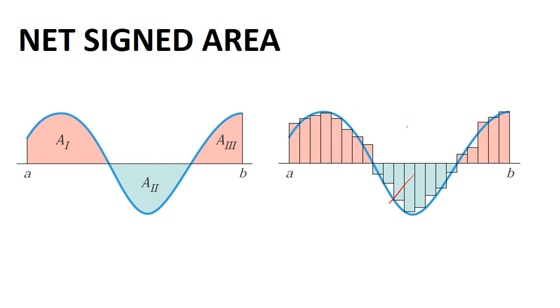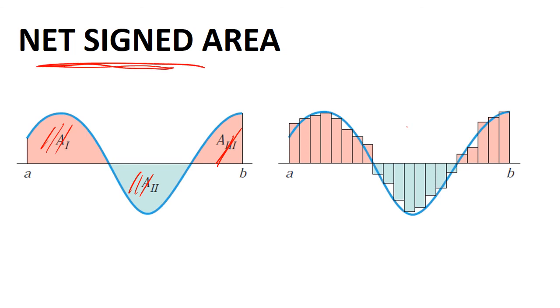Kapag sinolve mo yung area nun, in-apply mo yung kanina na method natin, which is the definition ng limit as n approaches infinity, you can see na hindi mo actually kinukuha yung total area ng tatlong curves na to, kundi kinukuha mo yung net signed area.